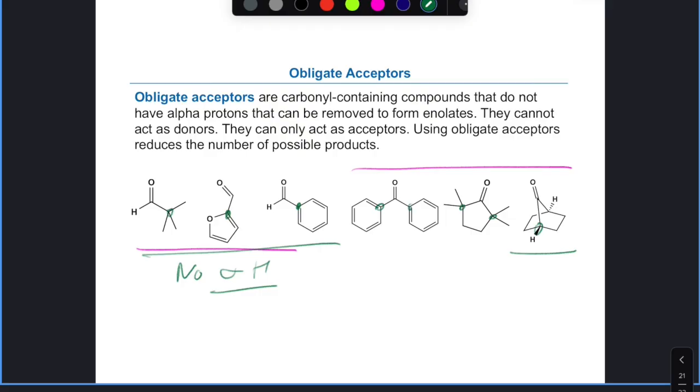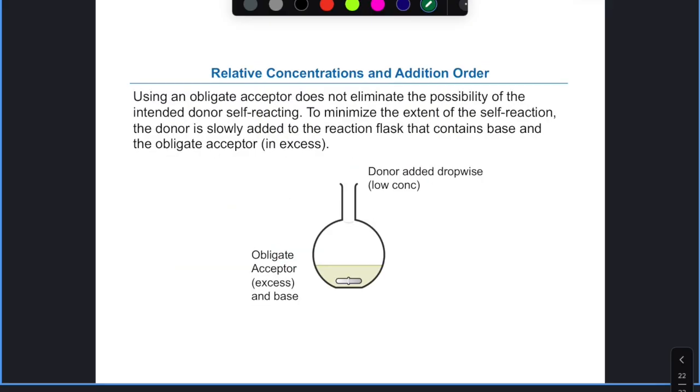Remember, this one here, if I try to yank off that proton to make the enolate, I'm actually taking an sp2 center in this strained bicycle. It's not possible to do that deprotonation. So I can't make enolates with them. They can never be donors. They're only acceptors. So this is why if I pair these guys in, their only job is to act as the electrophile of the system. That's the easiest way, is just choose the right fragment of how you do this decomposition.